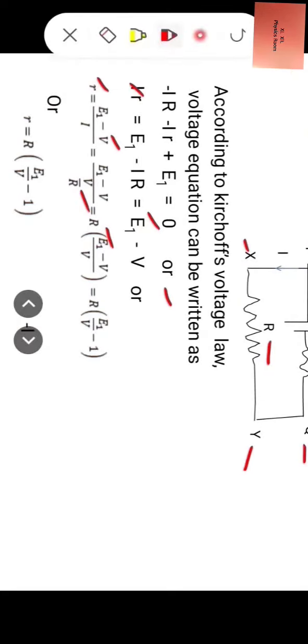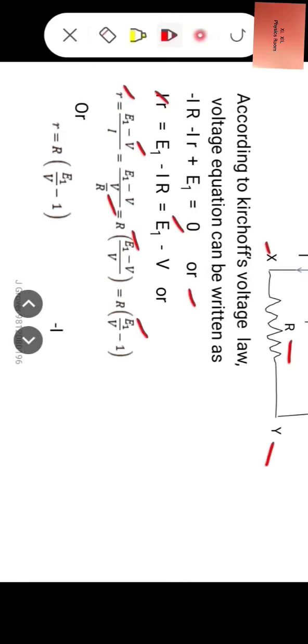Finally, internal resistance of the primary cell small r is equal to capital R into E1 by V minus 1. Let us mark it as equation 1.